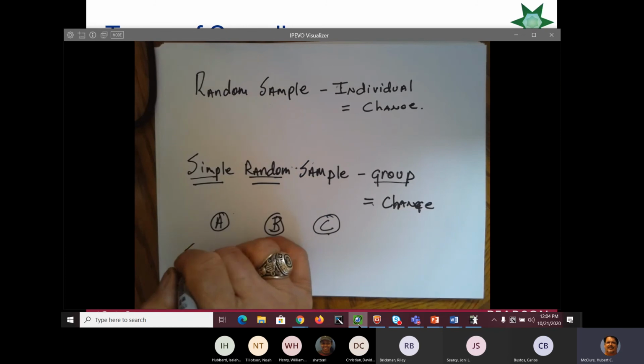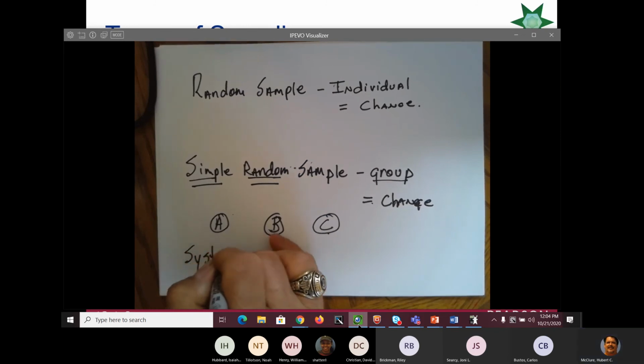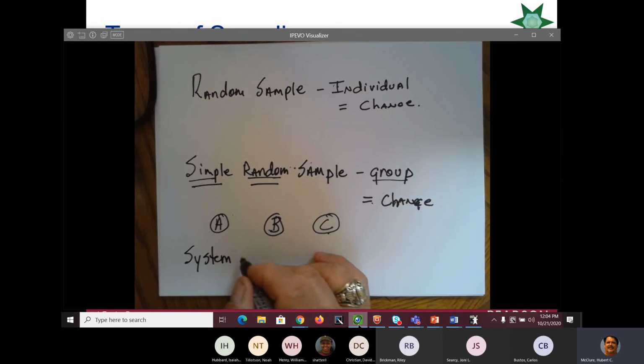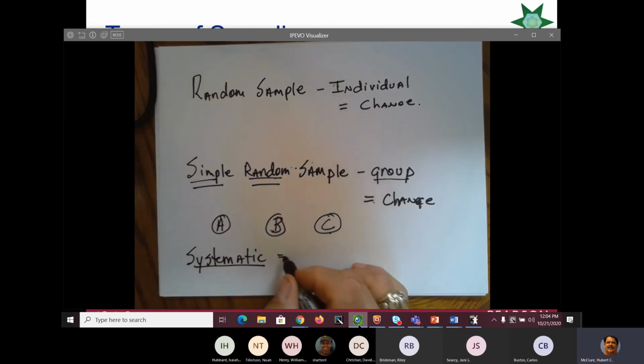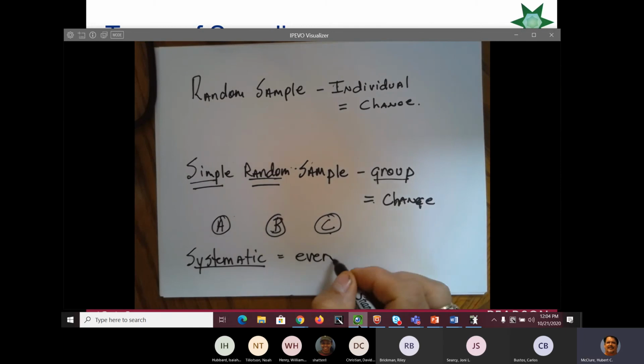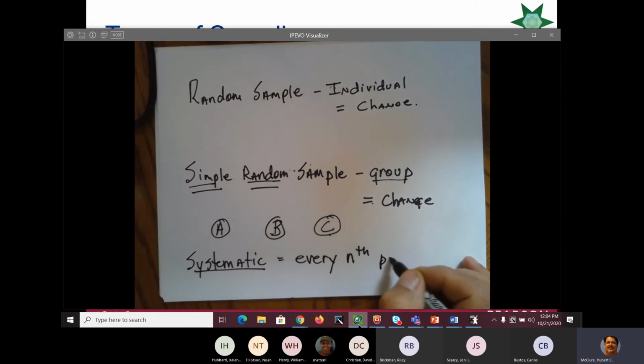With systematic, I pick every nth person. It's not a random sample because everybody doesn't have the same chance of being picked. But basically, let's say I decide to pick 3 people out of this group, and I put y'all in alphabetical order by last name, and I pick every 3rd person.